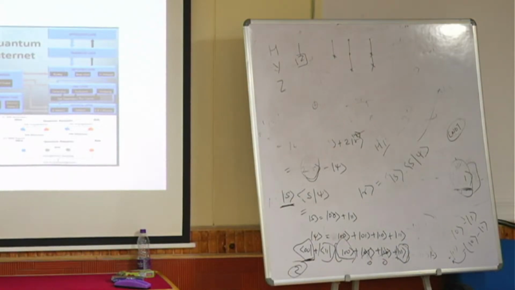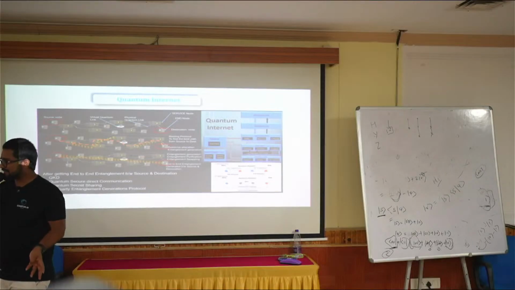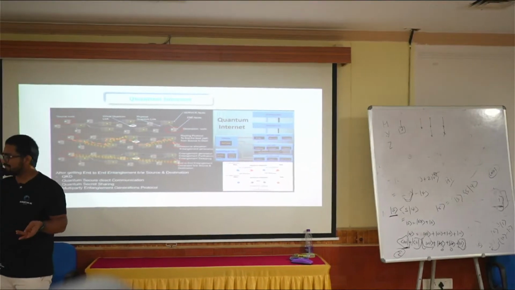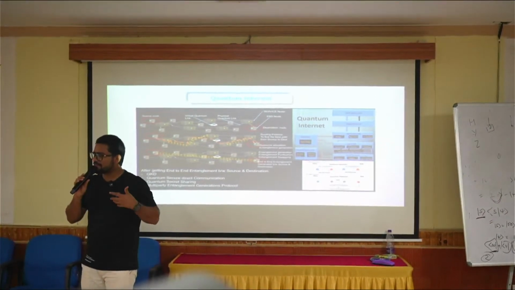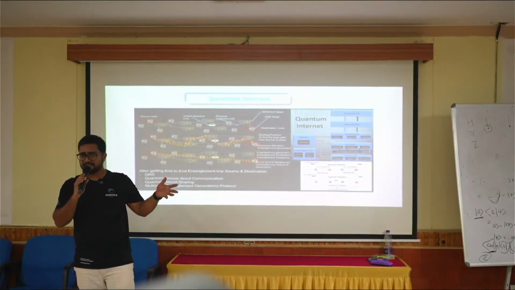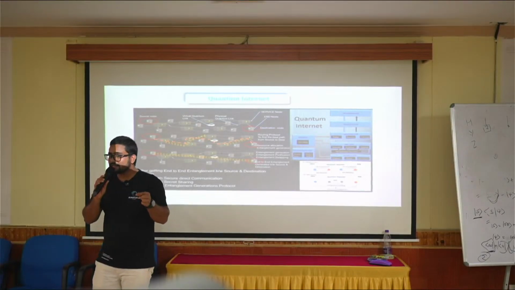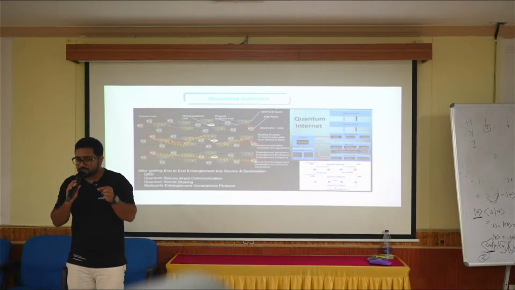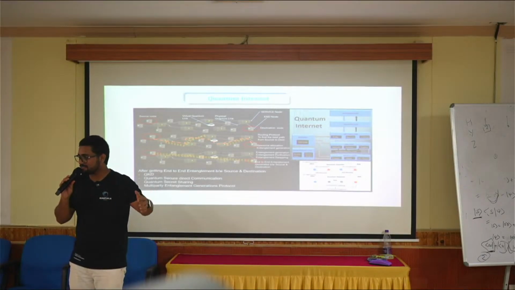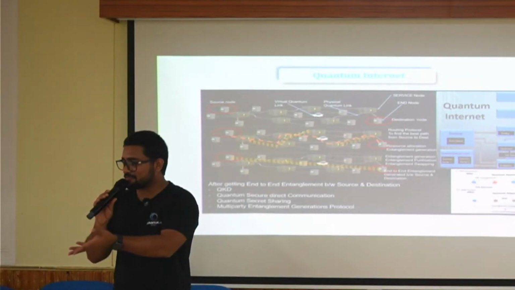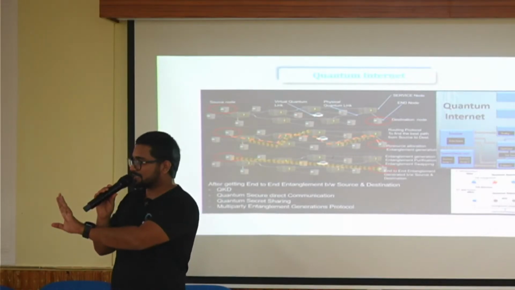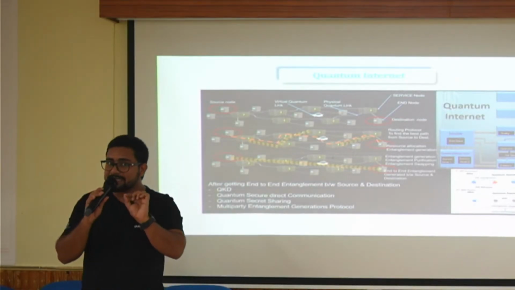So in computing, multiple types of electrons, ions, trapped ions, NV centers, as I explained, multiple varieties of materials are used. But the advantage with photons is that they travel very fast, at the speed of light. So for communication, this is the best. And they do not interact.